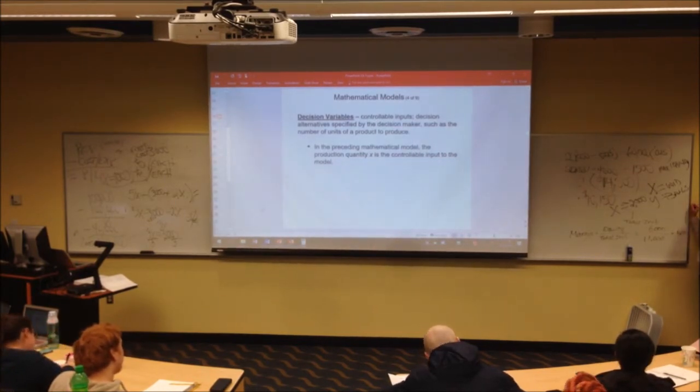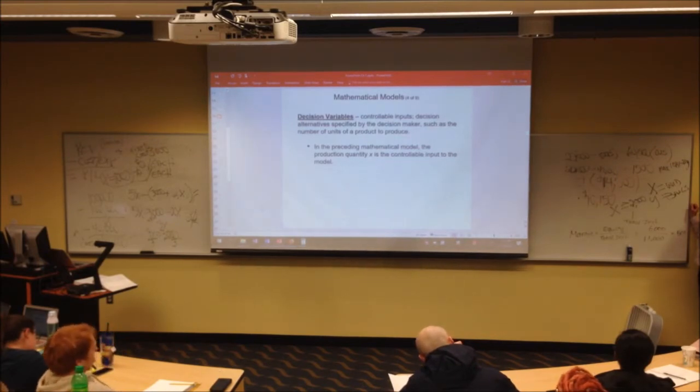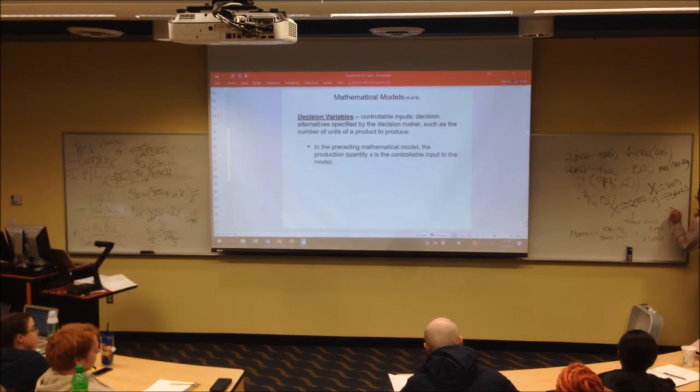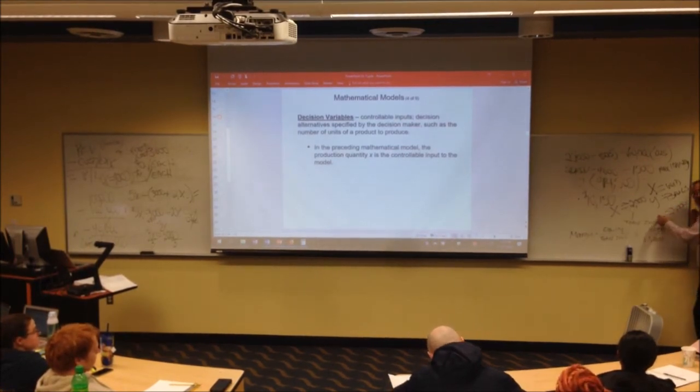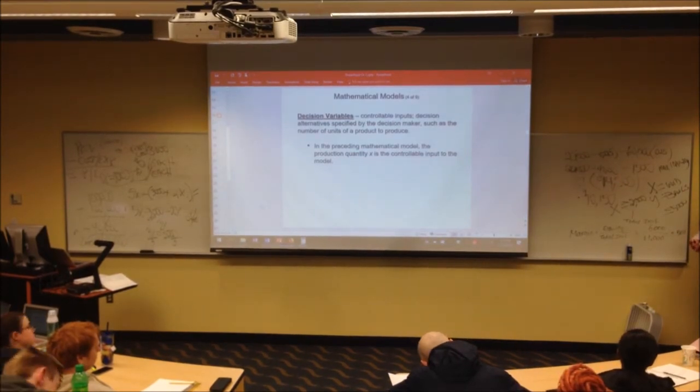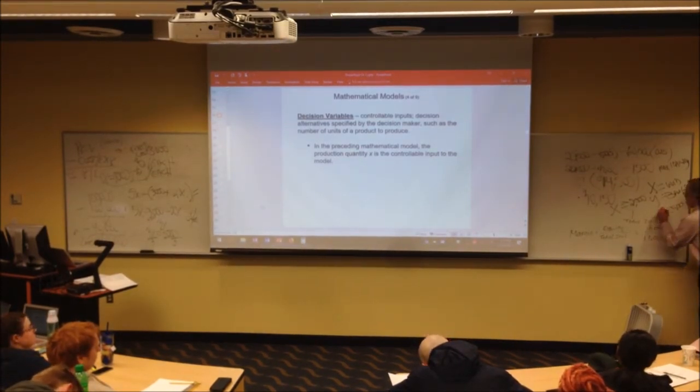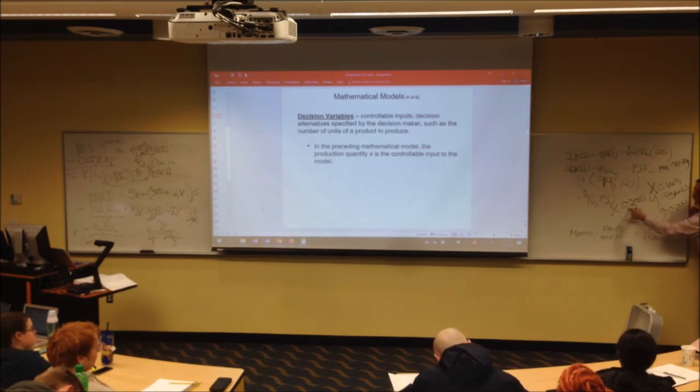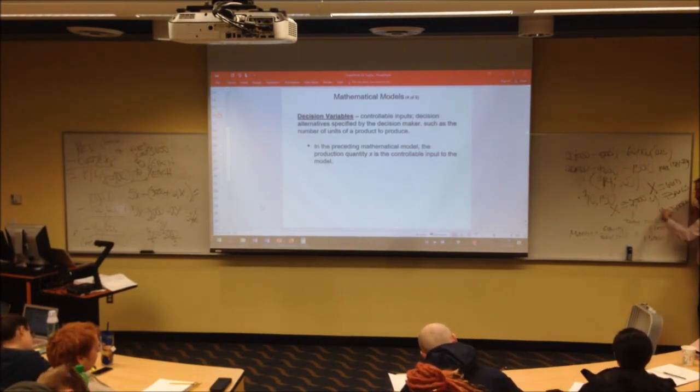Less than or equal, greater than or equal? We can only make 5,000, so less than or equal, 5,000. The left side has got to represent the number of rubber balls we're going to make, which is Y. There's a limitation, even though it's greater than or equal.